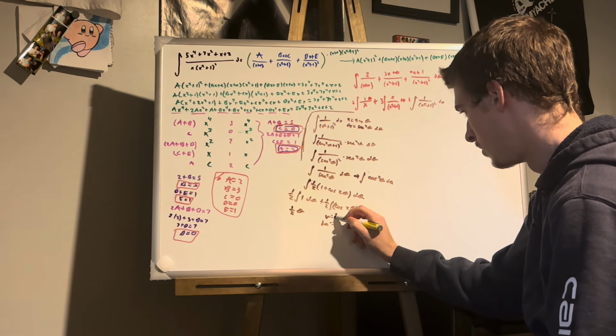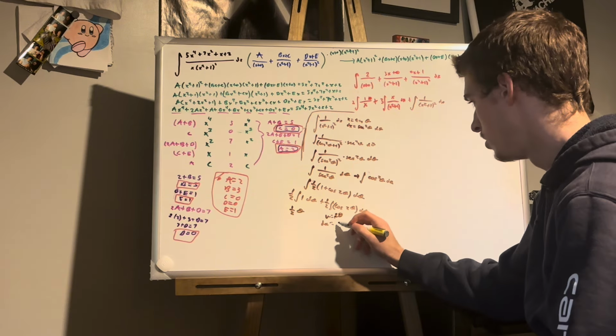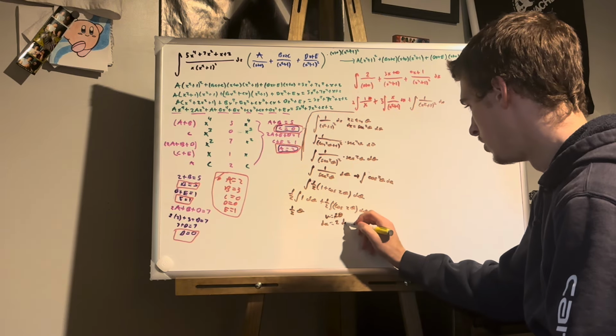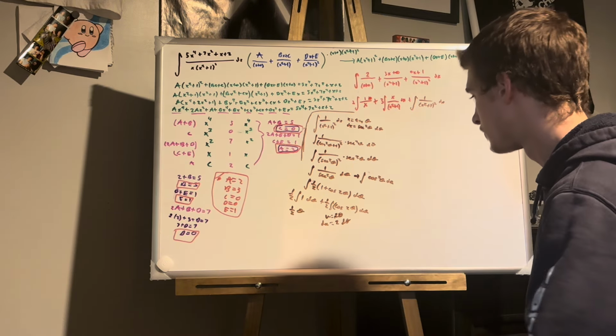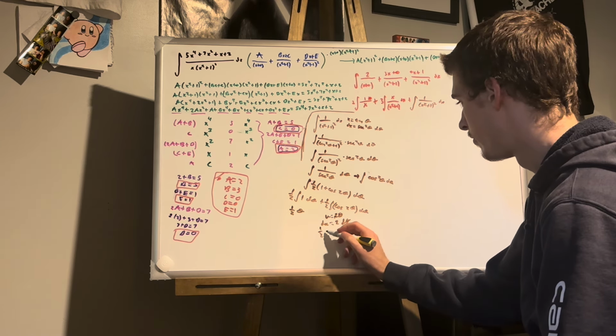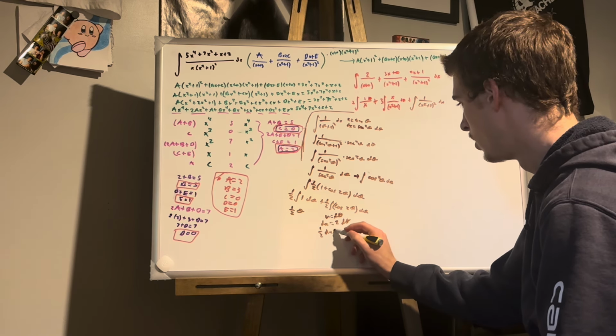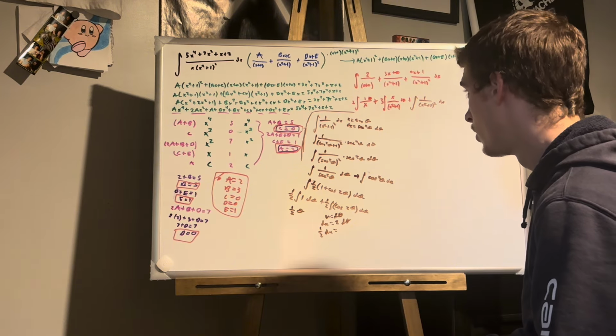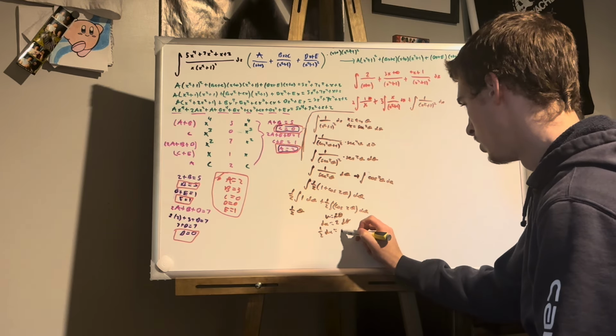I don't know what I'm thinking. du is going to be 2 d theta. And then 1/2 du equals d theta.